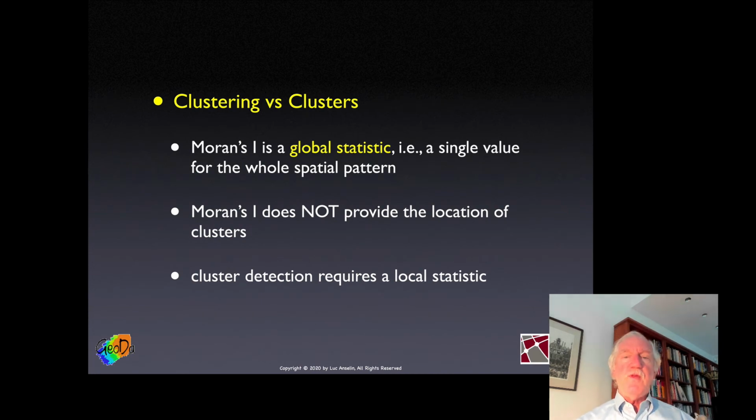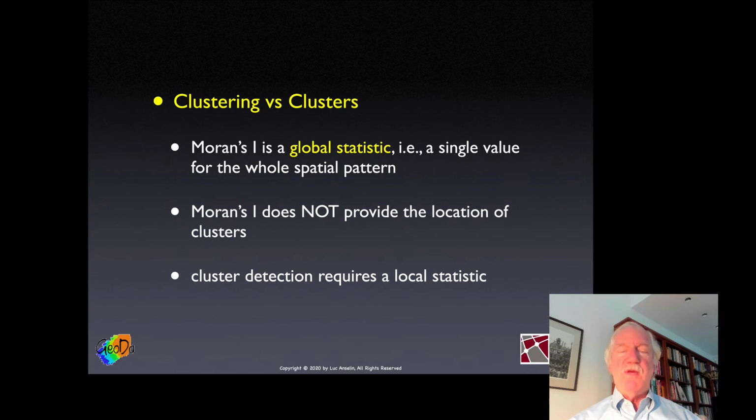A couple more interpretation issues. Clustering versus clusters, and I cannot say that enough because over and over again I see this misinterpreted. Moran's I is a global statistic, as I mentioned. It's a single statistic for the whole pattern. It does not tell you where the clusters are.